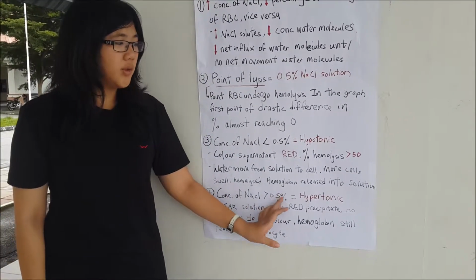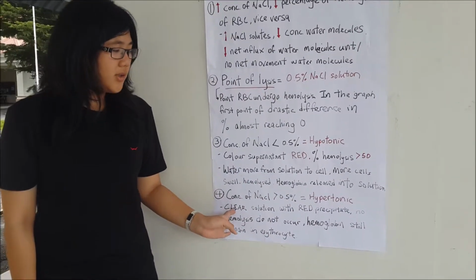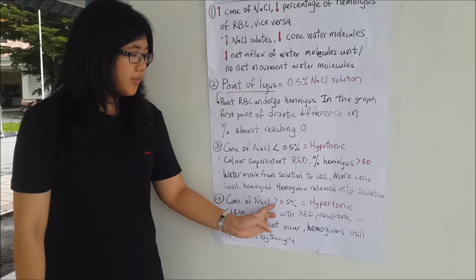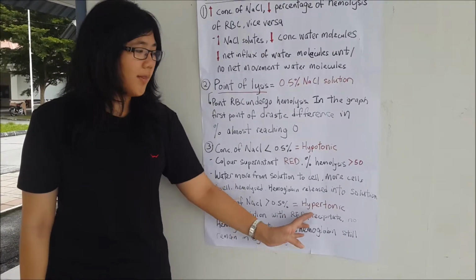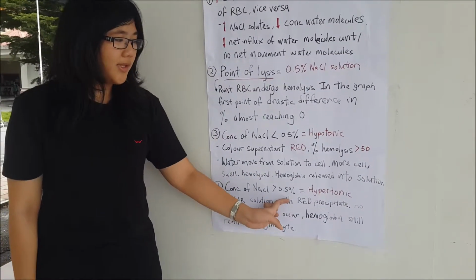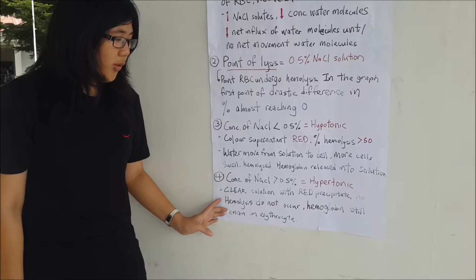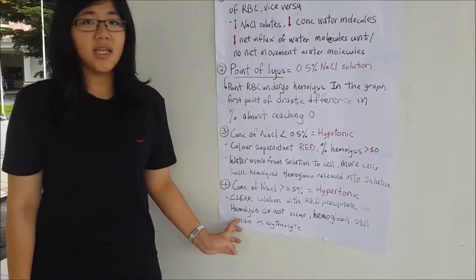Hemoglobin is released into the solution. On the other hand, when the concentration of NaCl is more than 0.5%, the solution is said to be hypertonic to the red blood cells. A clear solution with red precipitate is seen, as no hemolysis occurs and the hemoglobin still remains in the erythrocyte.